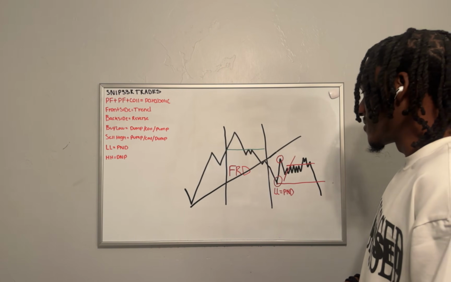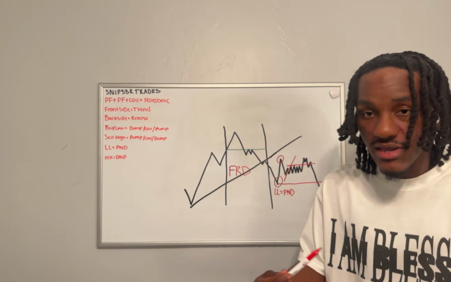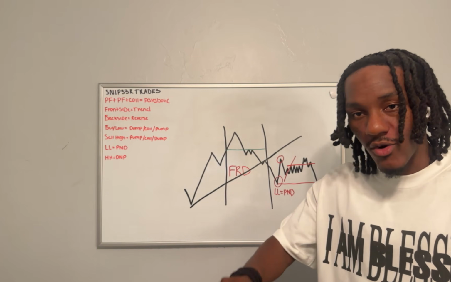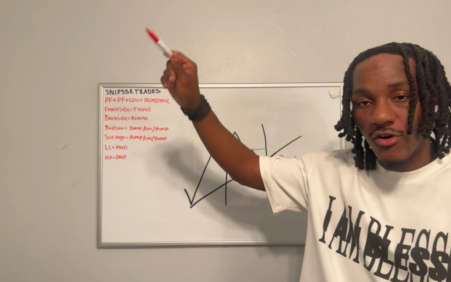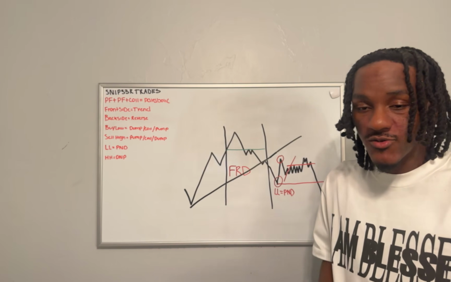But the majority of the time, A plus first red day for me is when they give me a low in Asia, a high in London, and the false break reversal trade, high of day. That is the textbook first red day.